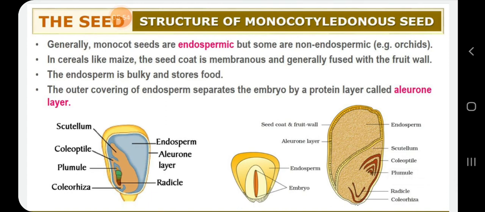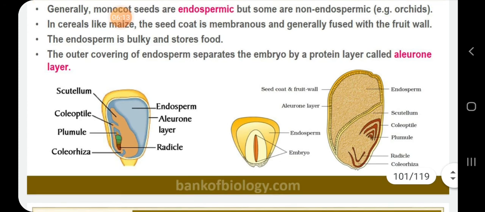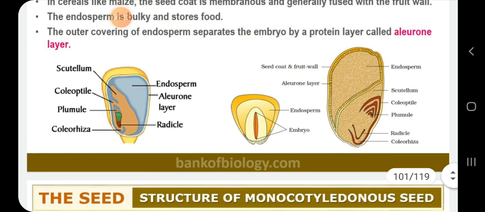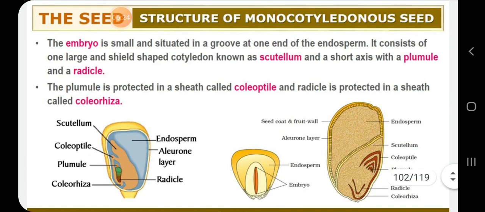In cereals like maize, the seed coat is membranous and generally fused with the fruit wall. The endosperm is bulky and stores the food. Coconut has a lot of endosperm which stores the food. The outer covering of the endosperm separates the embryo by a protein layer called the aleurone layer.